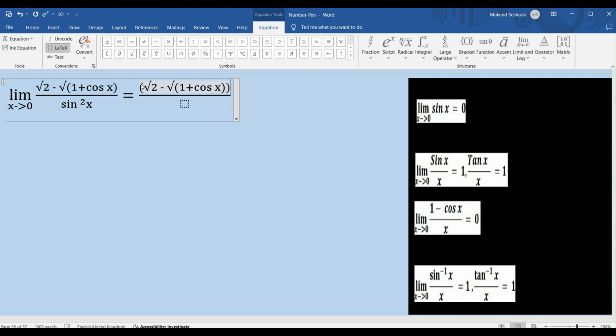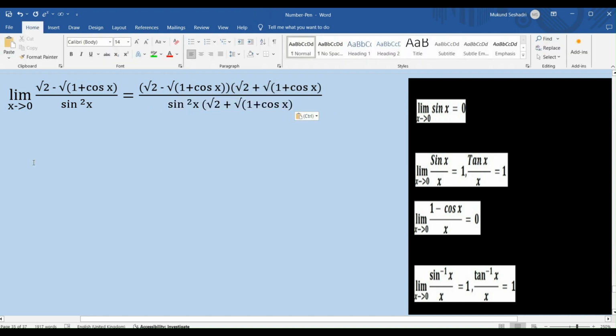I can do root of 2 plus root of 1 plus cos x, and retain my sine square x. And when I rationalize, all that I get is this, right? So let's move to the next line.